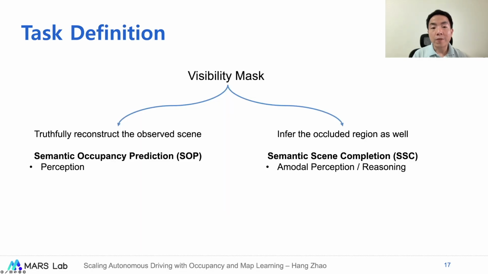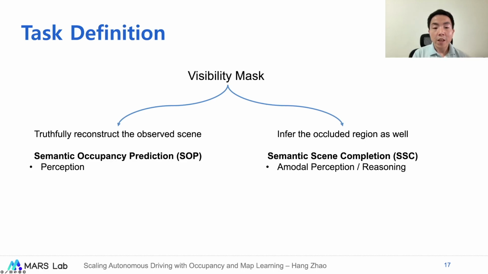Now let's talk about the visibility mask. It actually defines two kinds of tasks depending on our goal. If our goal is to truthfully reconstruct the observed scene, then this is a semantic occupancy prediction task, which is a pure perception task.